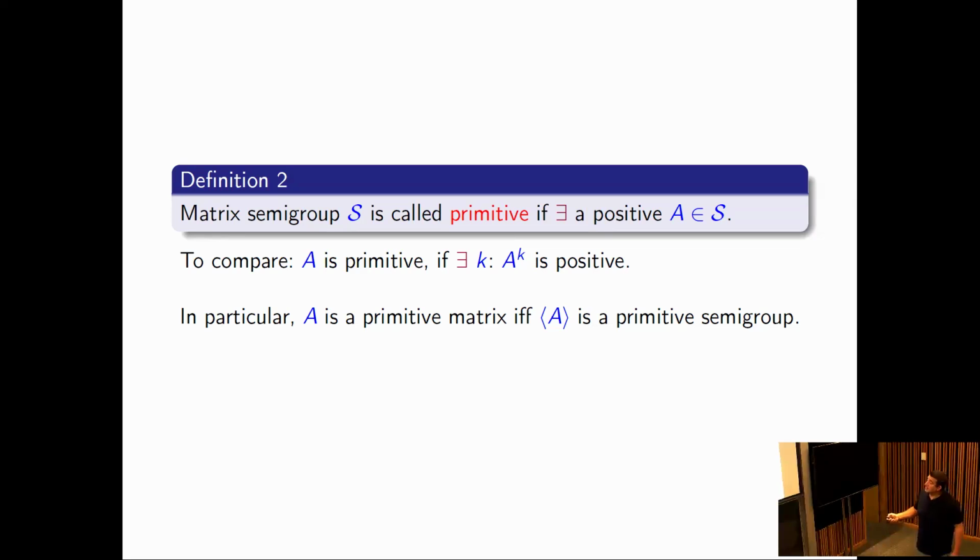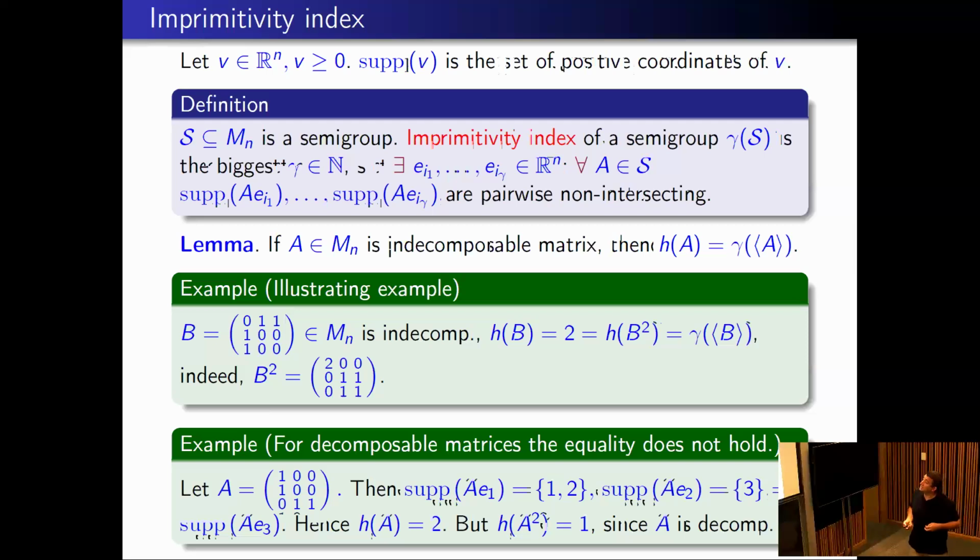So here it means that if I consider the cyclic semigroup generated by one matrix, the primitivity index of a matrix will be nothing but the primitivity index of my semigroup. But it turns out to be a correct generalization in the general situation.